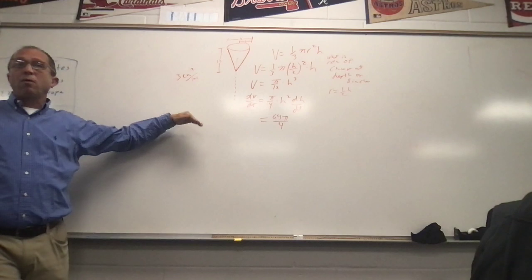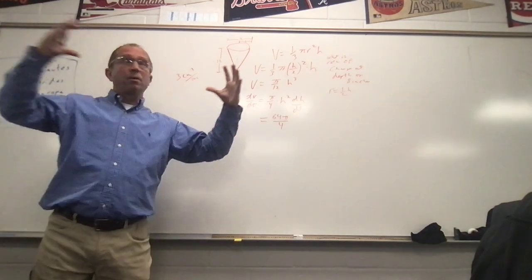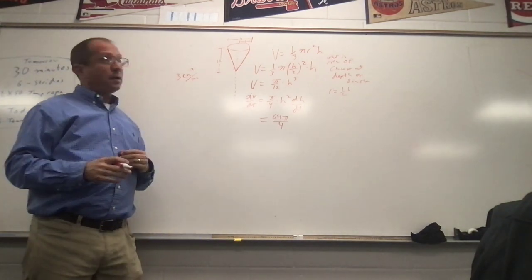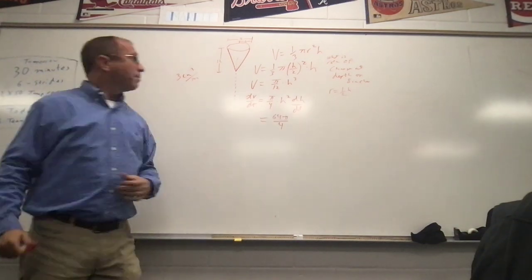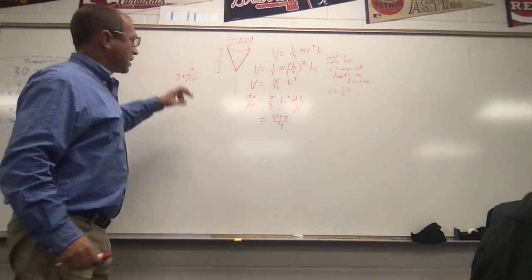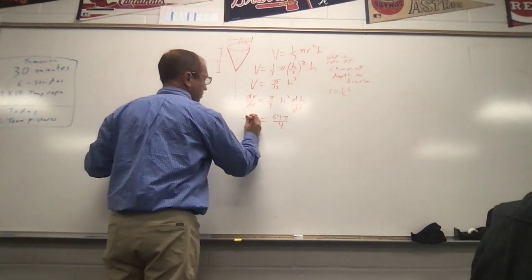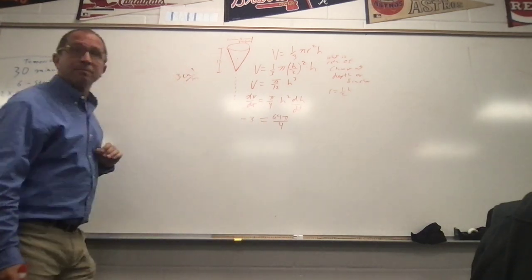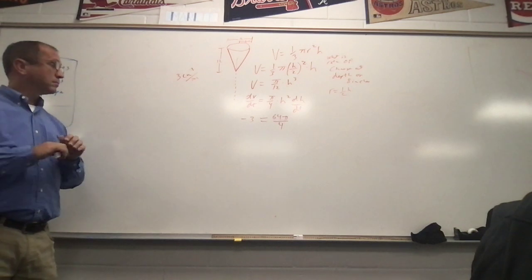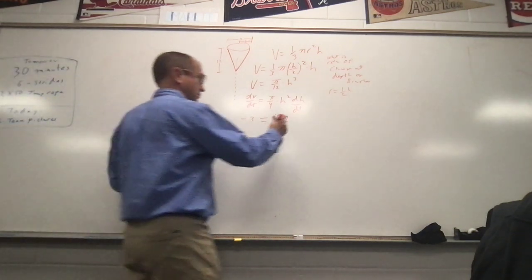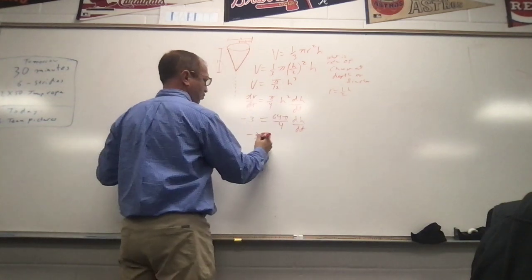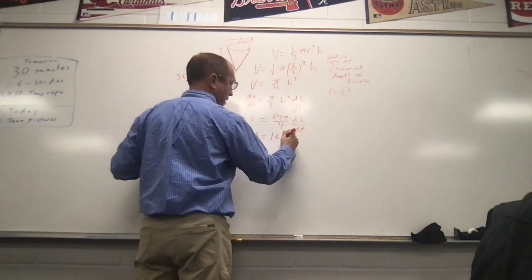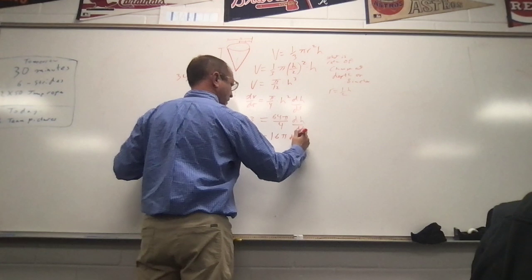It's getting smaller, right? When we blew up the balloon, it was getting bigger. When we threw the rock in the pond, the area of the ripple was getting bigger. But here, my volume is actually getting smaller, so it's going to be -3. So I've got -3 equals 16 pi dh/dt.